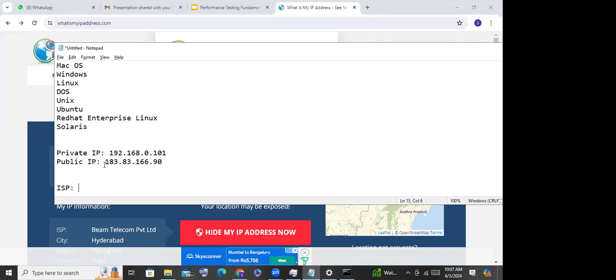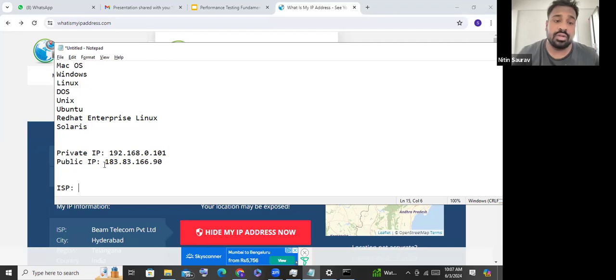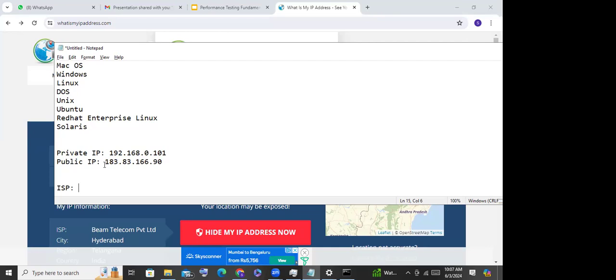Where would we use this, by the way? Why do we need a static IP and why would we need a dynamic IP? Whenever we connect to the network, we need some IP address in order to communicate with the external network.